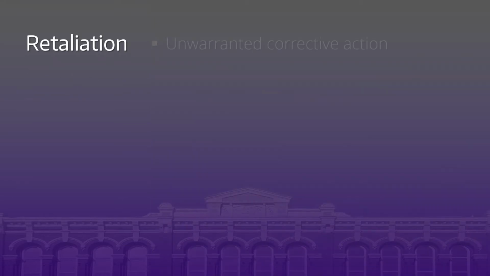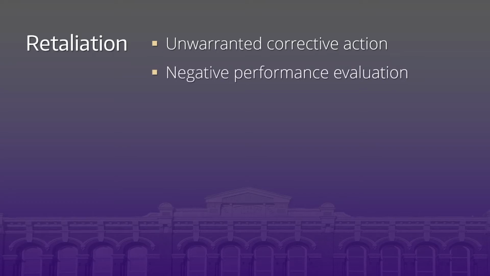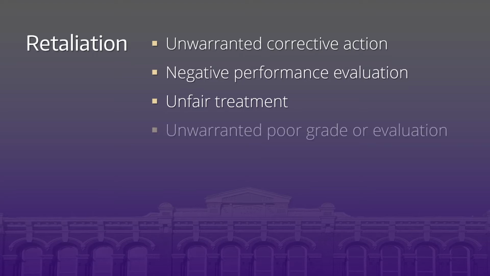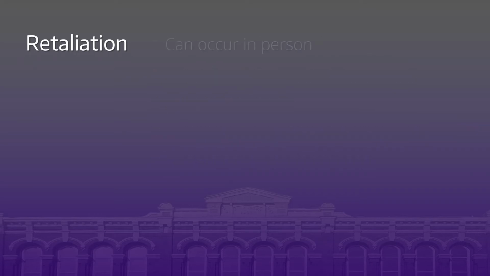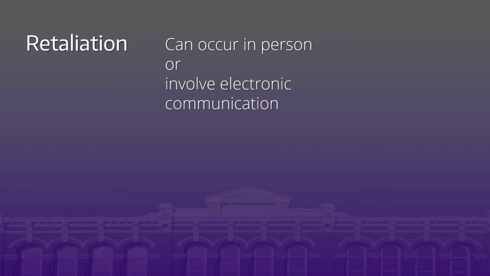Retaliation can include unwarranted corrective action, a negative performance evaluation, or even being fired, unfair treatment in a class or lab, or an unwarranted poor grade or academic evaluation, treating the affected individual in a hostile manner, or encouraging others to do so.